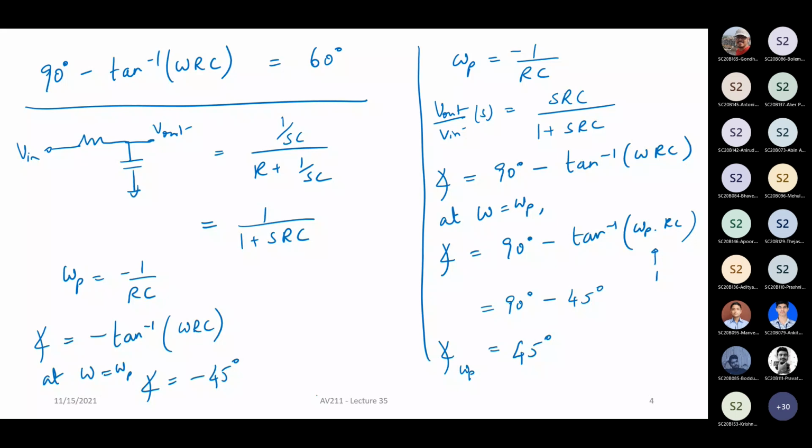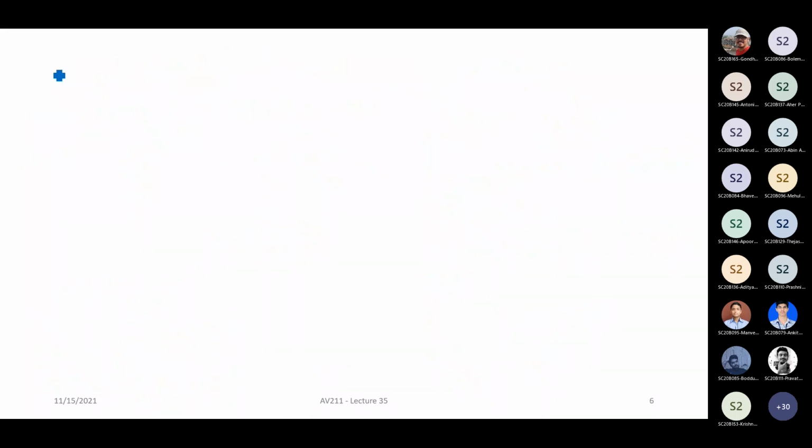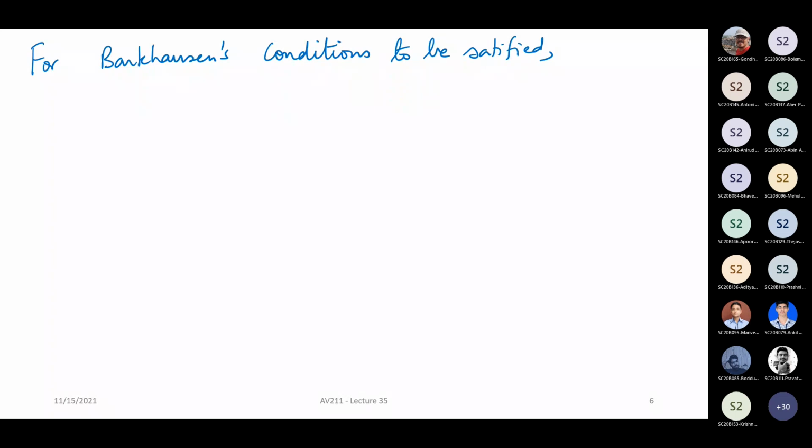So anyway, coming back to our oscillator, for Barkhausen's conditions to be satisfied, right? You basically need your total angle to be 360, which is 90 degrees minus tan inverse of omega RC to be equal to 180 degrees, right?